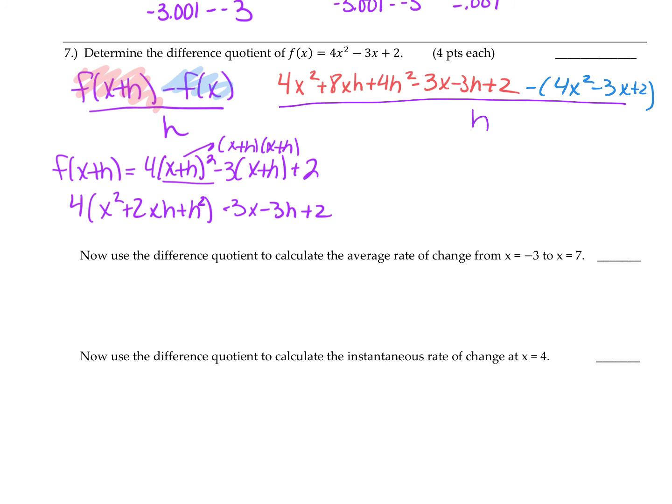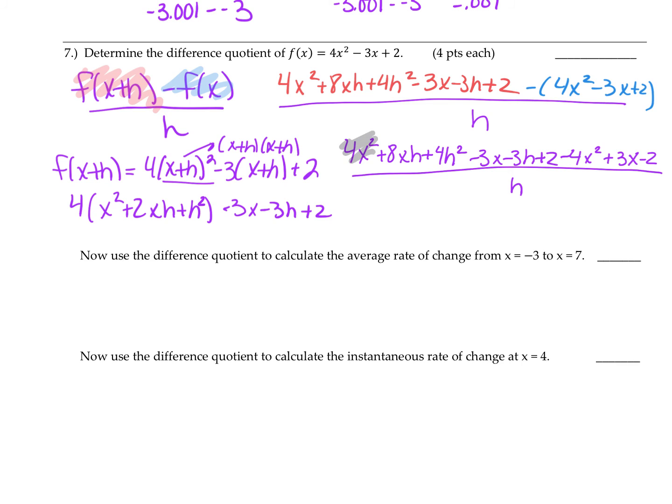When I subtract everything after the subtraction sign, the first part stays the same. Then I'll have minus 4x squared plus 3x minus 2.